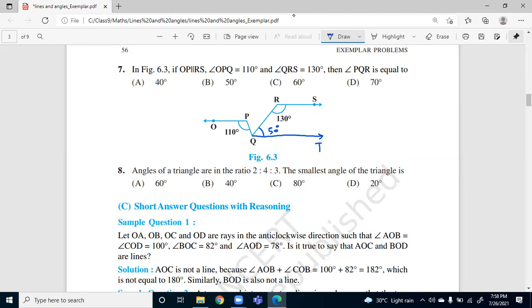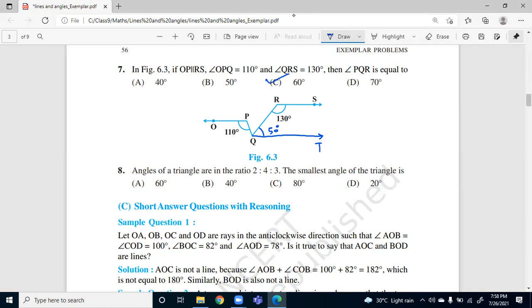As RS is parallel to QT and OP is parallel to RS, therefore OP is also parallel to QT. Ma'am, angle PQR will be 60 degrees. Yes, PQR will be 60 degrees.